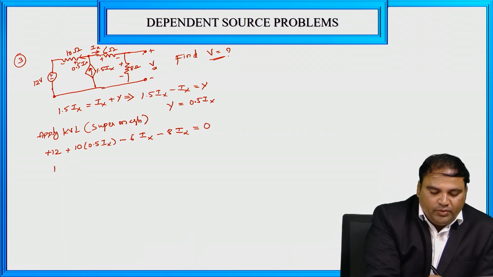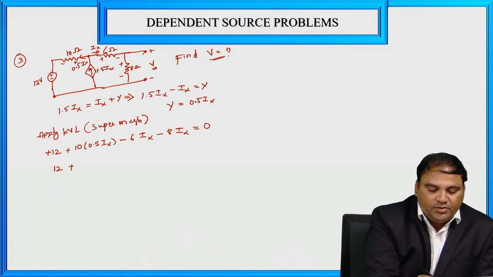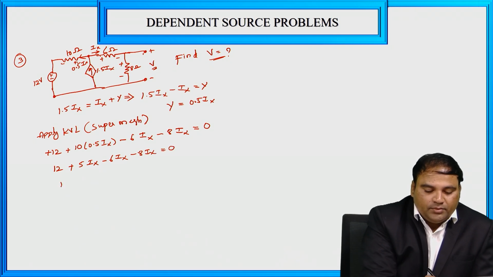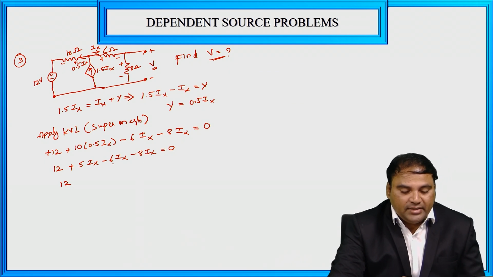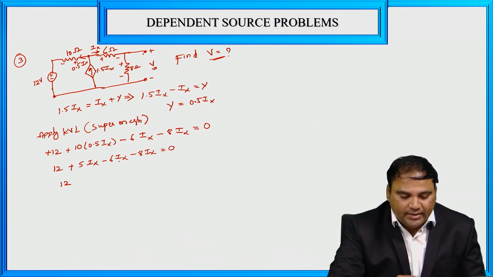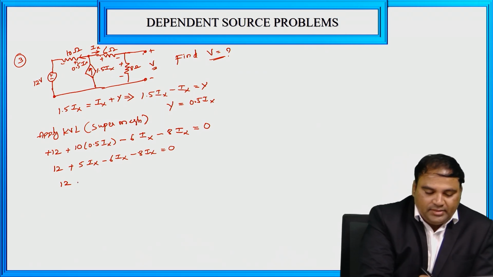Now 12 plus, so 5 by 10, 10 get cancelled, the remaining term 5 into Ix minus 6Ix minus 8Ix equal to 0. Now 12, so minus 8Ix minus 6Ix, so minus 14, plus 5, minus 9Ix equal to 0.